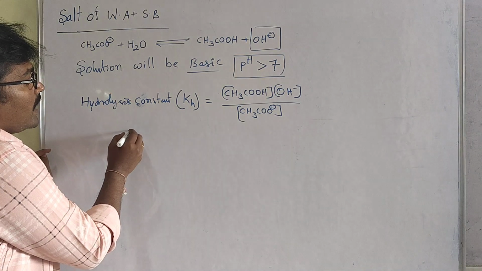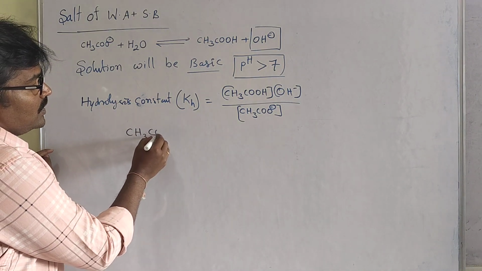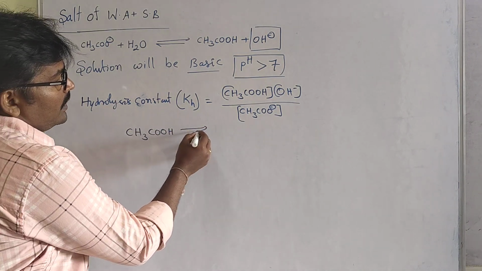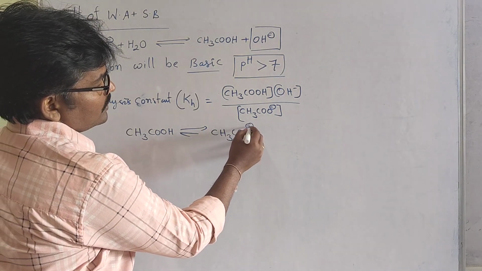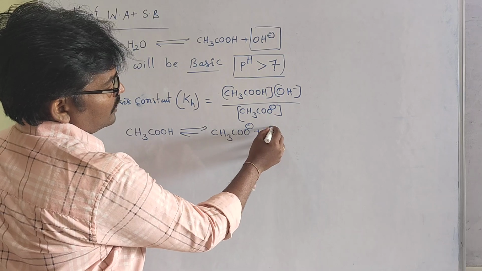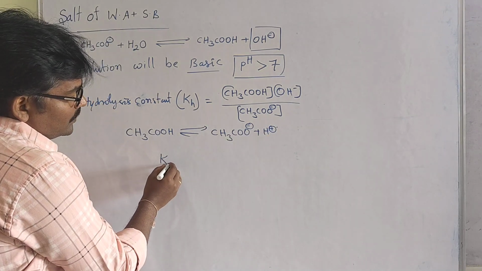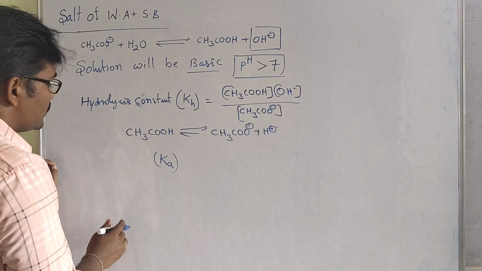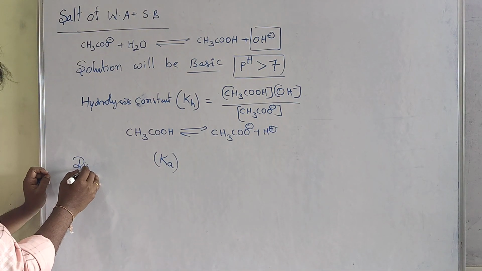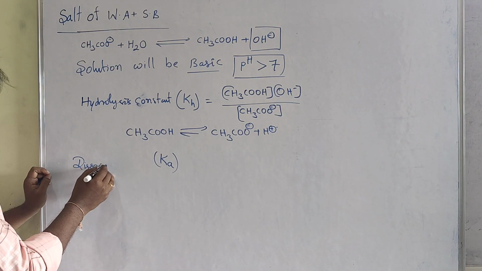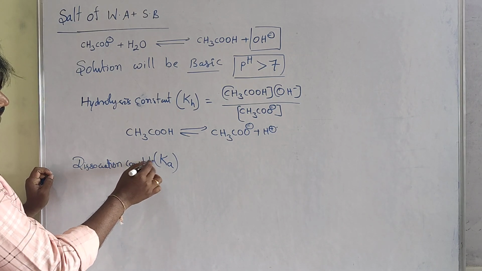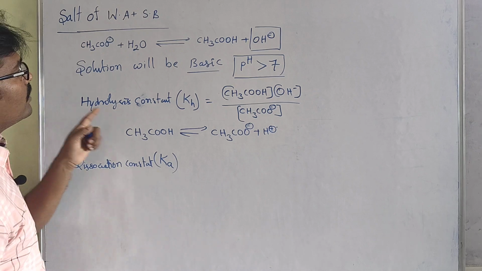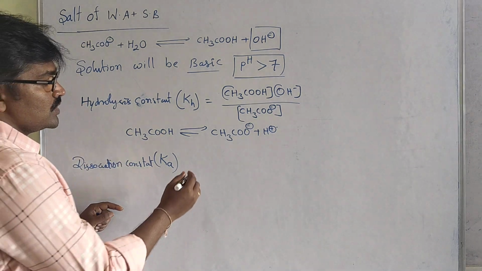For this weak acid, CH3COOH, when it is dissociated into CH3COO minus plus H plus, you can write the Ka value. This is what we call the dissociation constant of the acid. There we are writing the hydrolysis constant; here we are writing the dissociation constant.